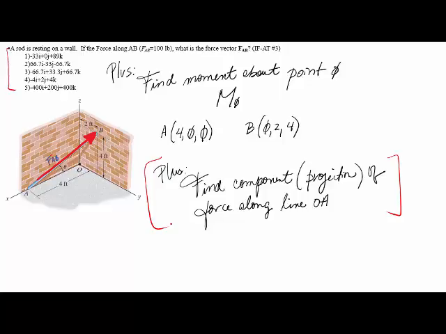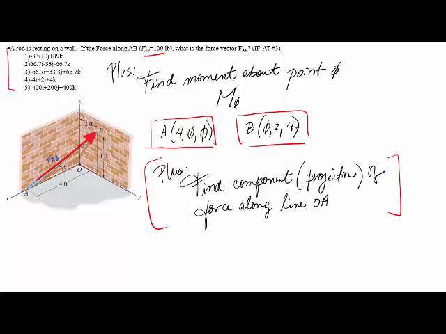So let's see about the first part. What is the force along AB? And it gives you the magnitude of the force. And so what I've done here is give you the coordinates for point A and point B. Why do I need to give you that?